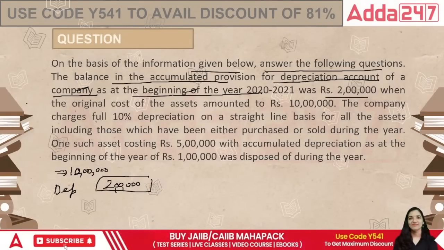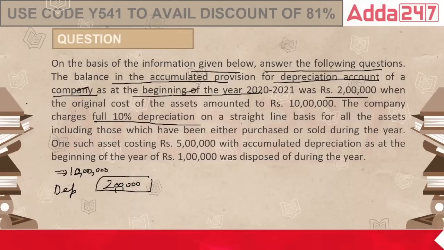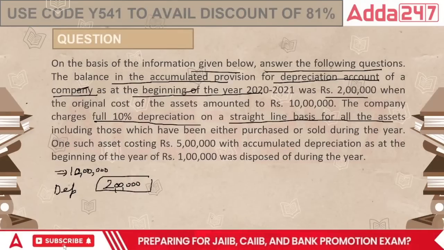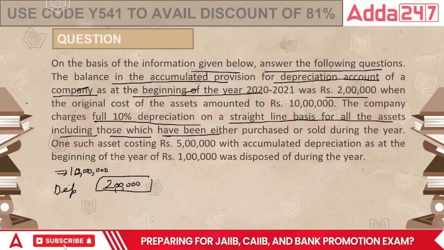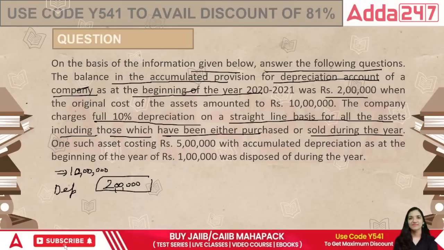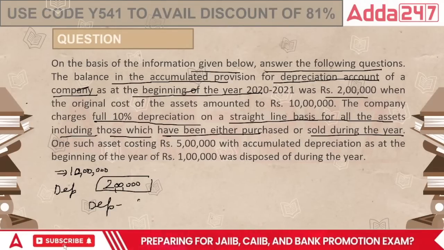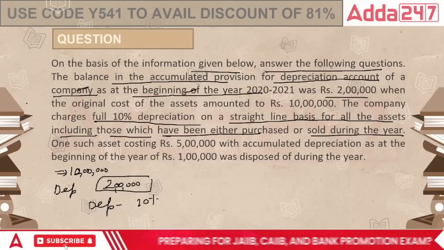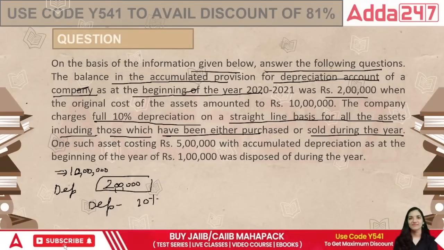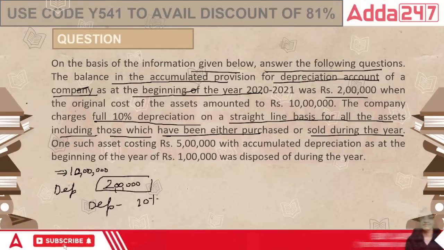The company charges full 10% depreciation on the straight line basis for all the assets, including those which have been either purchased or sold during the year. Basically, they are saying that the company will depreciate the assets at the rate of 10% on a straight line basis, the same way every year, right?